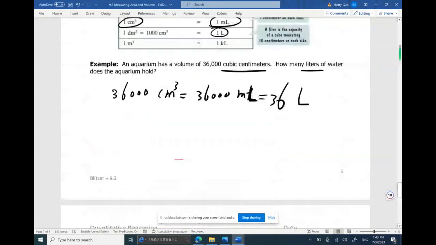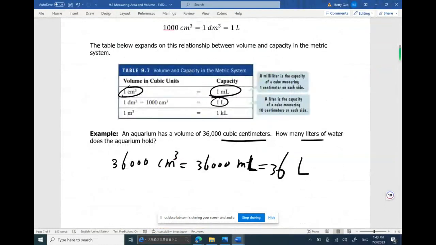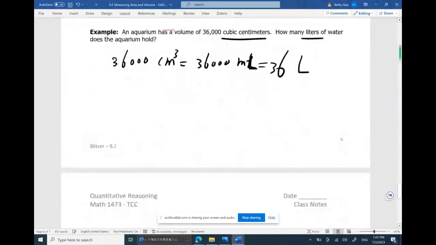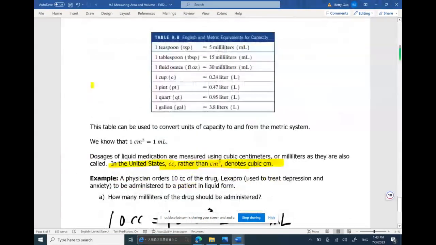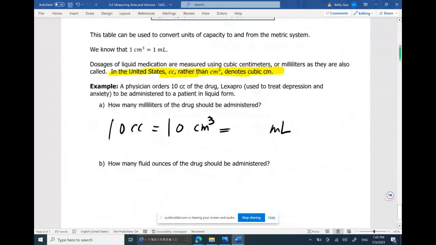So 1 cubic centimeter is equal to 1 milliliter. You can understand that the conversion factor is 1, so either multiply by 1 or divide by 1. It doesn't change the number in front of the unit. They are the same size. So 10 milliliters of the drug should be administered.